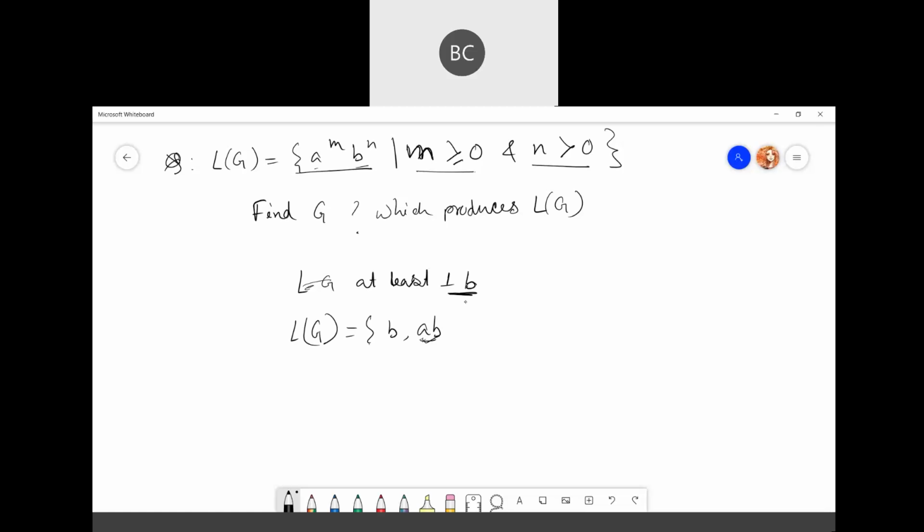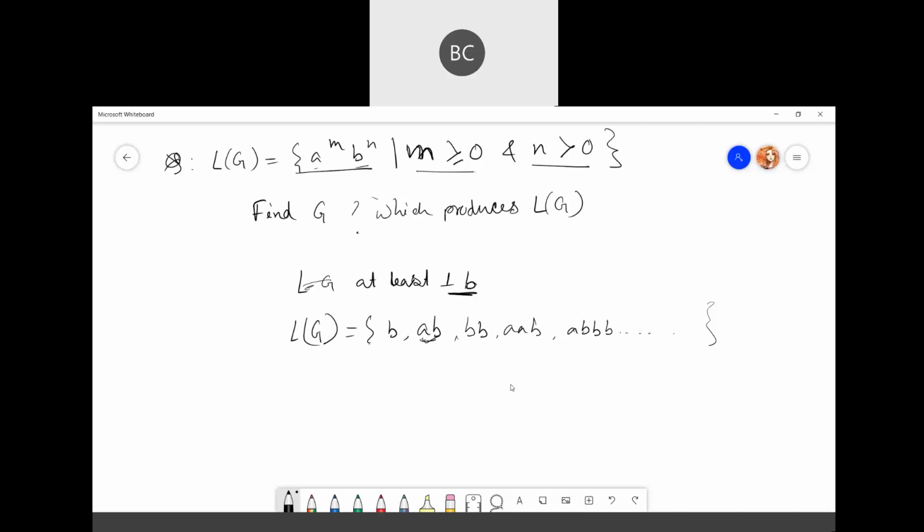Then what can be the other possible strings? There might be bb, there can be aab, there can be abbb, and so on. Okay. So if you see, there are various possible strings that you can generate from the language.